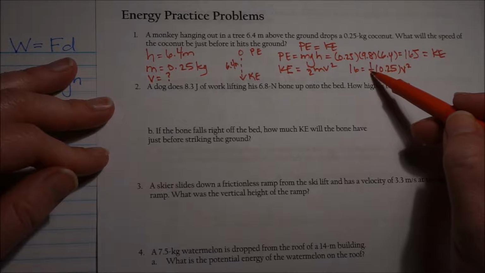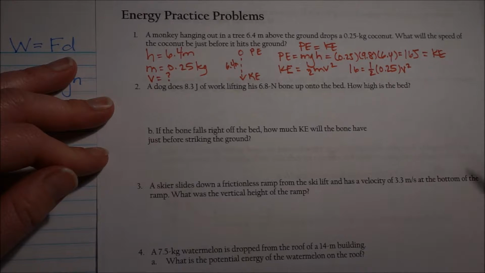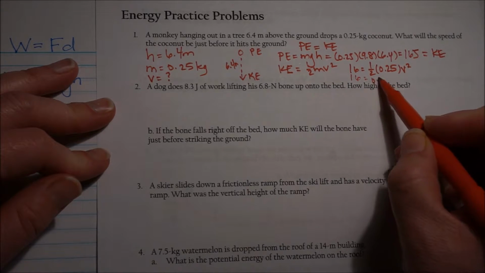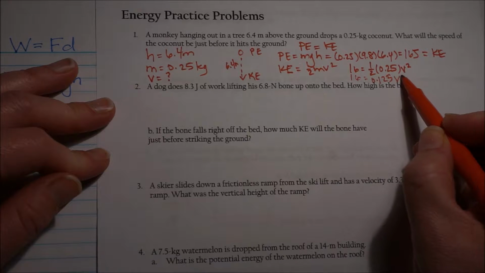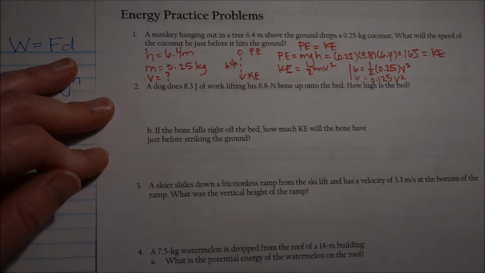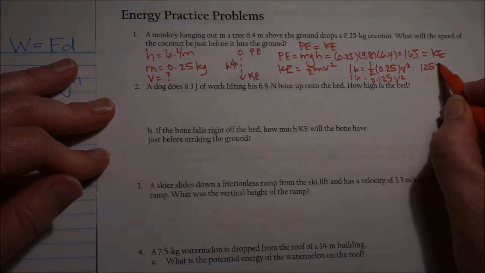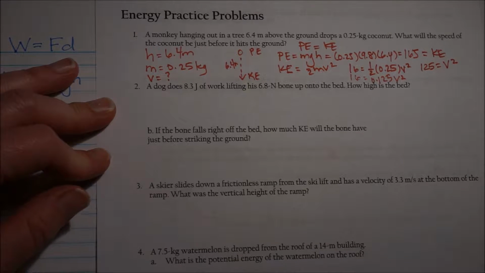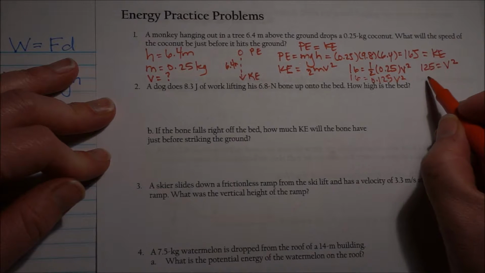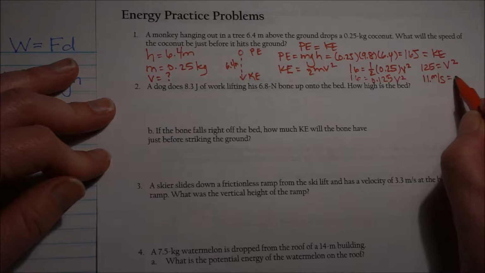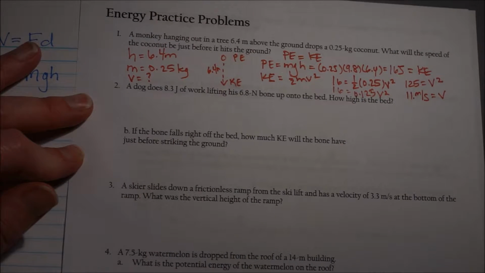Most people like to multiply the 1/2 times 0.25 first, which would give you 16 equals 0.125 v squared, and then we can divide both sides by 0.125, and we'll get about 125 equal to v squared. So then hit the square root key on your calculator, and you'll get about 11 meters per second is equal to our velocity.